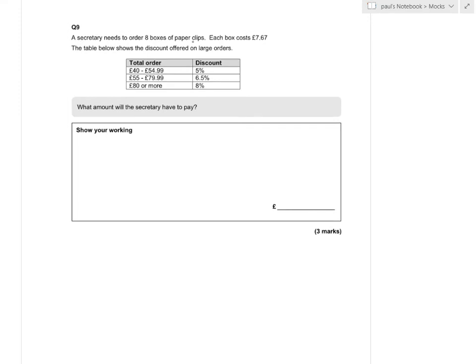A secretary needed 8 boxes of paper clips. Each box costs £7.67. The table shows discount on large orders. What amount will the secretary have to pay? 8 boxes. Right, so 8 times 7.67 equals £61.36.